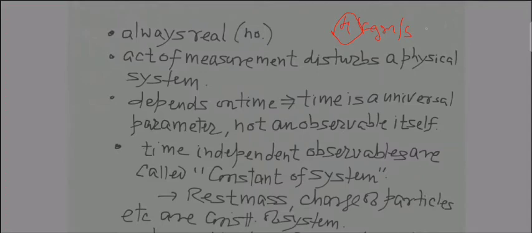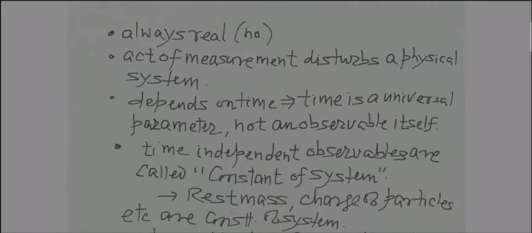Accordingly you can calculate its dimensions also: M to the power 1, L to the power 1, T to the power minus 1. So momentum is also a kind of observable. In quantum mechanics, such quantities are called observables.